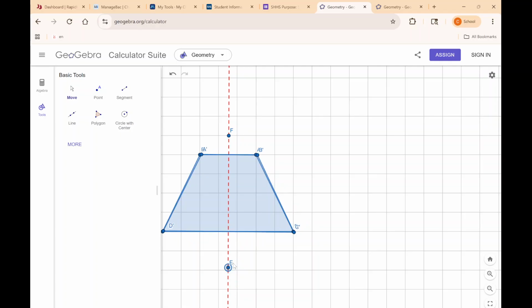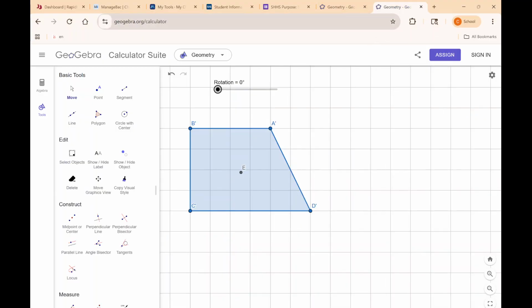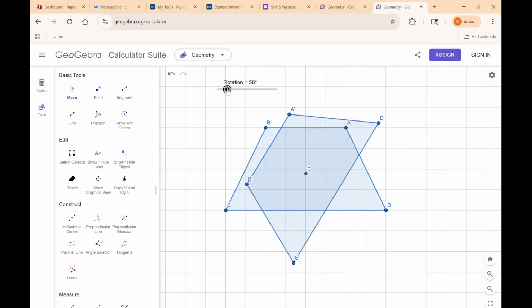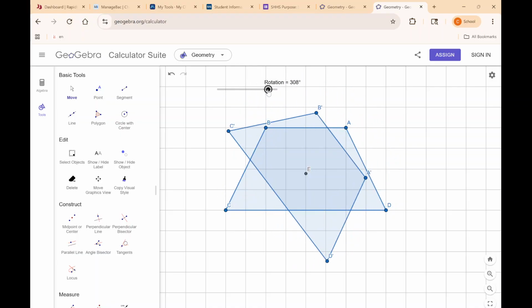Yep. So if you have an isosceles trapezoid, you could have one line of symmetry. However, you would not have any rotational symmetry, as we'll see here in just a second. So our isosceles trapezoid still has no rotational symmetry.